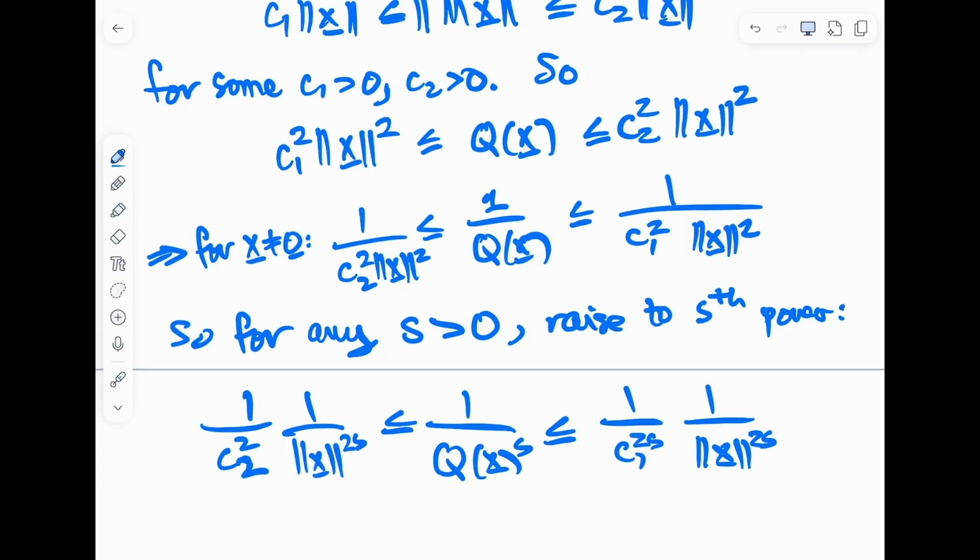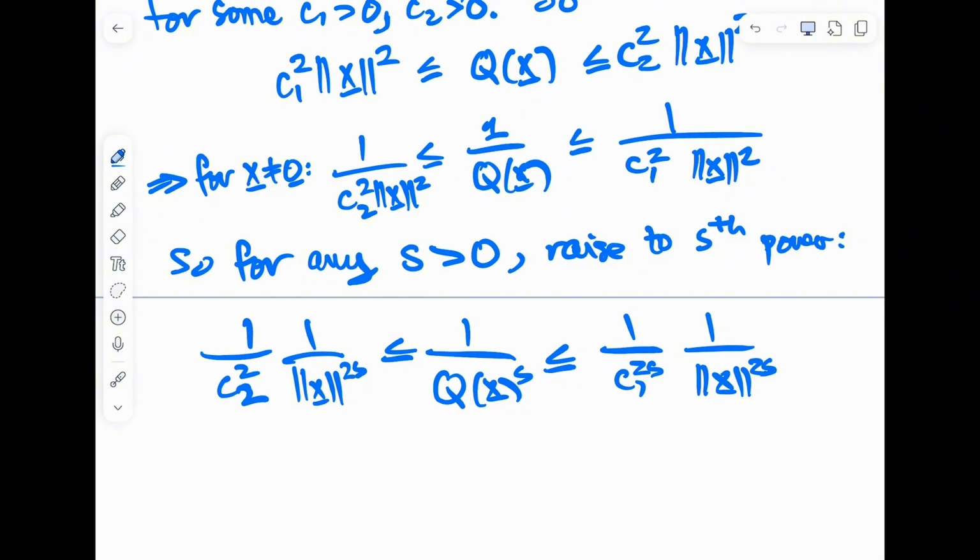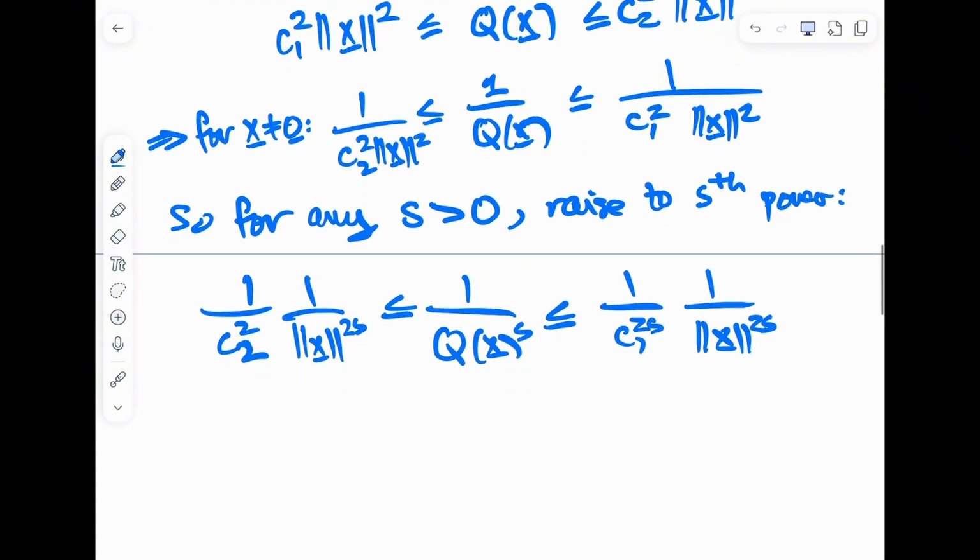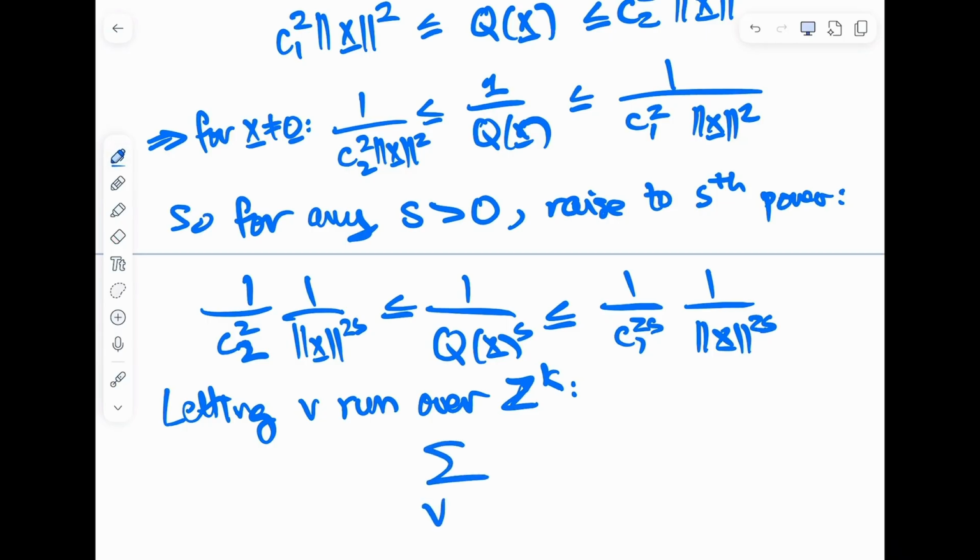So now if I sum everything in sight over the integral lattice Z^k, so if I let v run over the usual integral lattice, then if I'm summing positive things, I'm summing the non-zero integral vectors q(v) to the s.